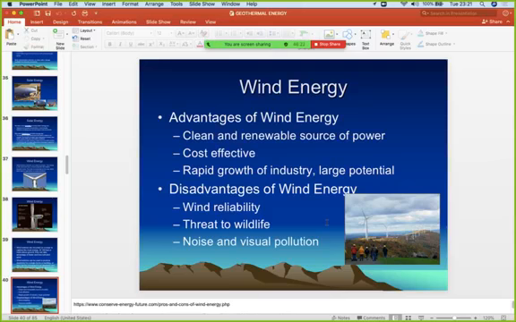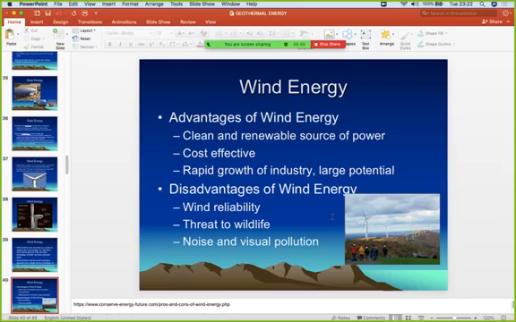So these are the disadvantages. Wind reliability. When there is wind, no wind. So of course, just like solar, if there's no sunny day, it will be a rainy day. So that is also the disadvantage with solar. We cannot produce. You will be relying on the energy storage by your batteries.